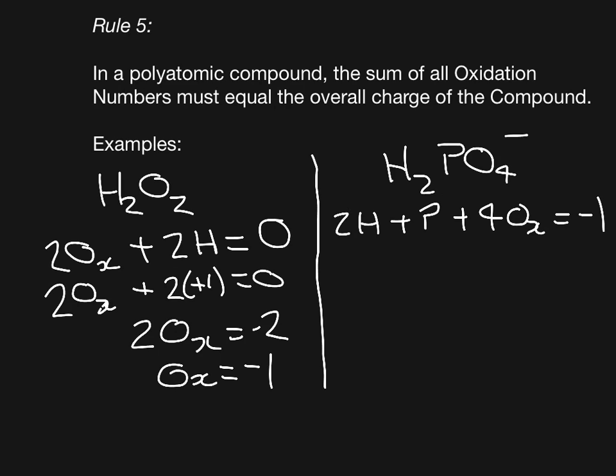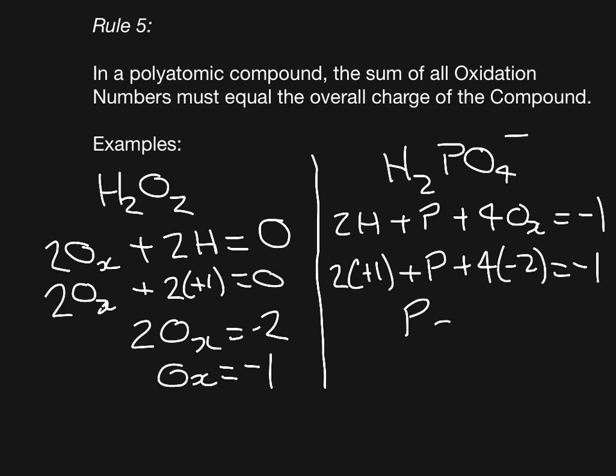And using rule 4, in any non-peroxide compound, oxygen is equal to negative 2, I can just write this out now. So 2 lots of positive 1 plus phosphorus plus 4 lots of negative 2 is equal to negative 1. So we would get now that P minus 6 is equal to negative 1, and thus the oxidation number of phosphorus is equal to positive 5. So hopefully that all makes sense, and yeah, I'll see you in the next video.